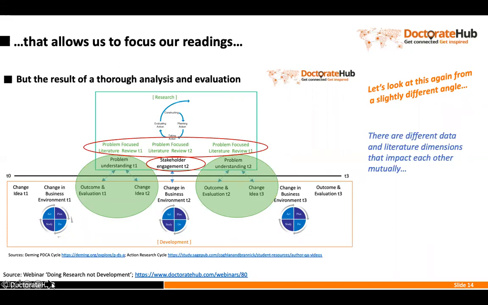Now, at this point in time, the stakeholder engagement will impact how you further continue reading the literature, because as soon as you engage with the stakeholders, you will collect data, you will receive some feedback, and this is providing you with some initial key terms that allows you to go more focused back to the literature, and this then is helping you to shape and take the research further.